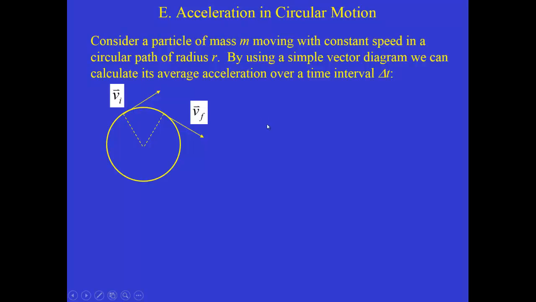Those two vectors, velocity initial and velocity final, can be related to a couple of geometrical parameters. One would be the angle, delta theta, which tells you the portion of the angle associated with that circular arc. Then delta s would be the displacement of the object from the final to the initial position, and finally r being the radius of the circular path.